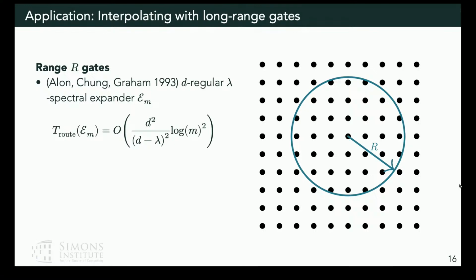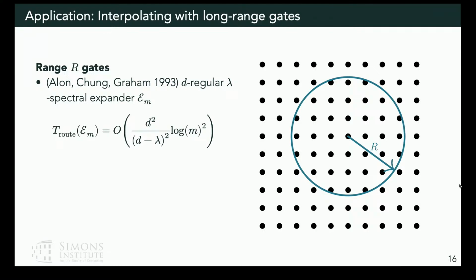Unfortunately, this is a very dense graph. It has roughly a vertex degree like R squared. So what we want to do is find a sparse subgraph of the connectivity graph that has constant degree, and for which we know how to route. We can do this by replacing this with a spectral expander.